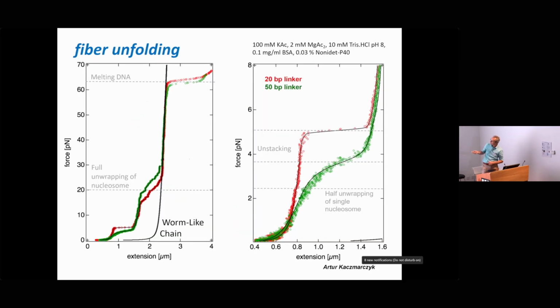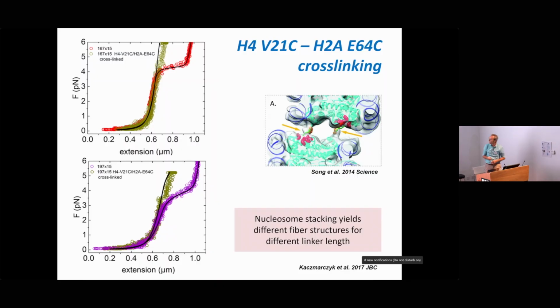So this overstretching plateau we assign to unstacking of the nucleosomes. So the nucleosomes like to stack, and at 3 to 5 piconewtons they rupture, we tear them apart. And we know that because we could look at the stacking interaction. So this was already in one of the first crystal structures, and we can see that it's mediated by the H4 tails of these histone proteins, and we can make cysteine mutants, and within the same experiment we can covalently cross-link neighboring nucleosomes and then pull.